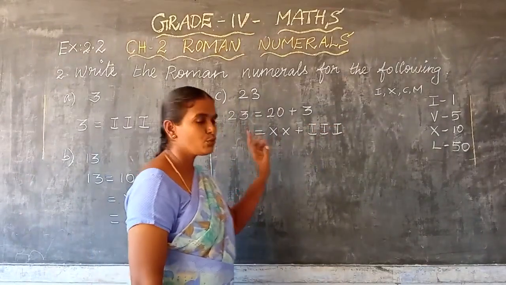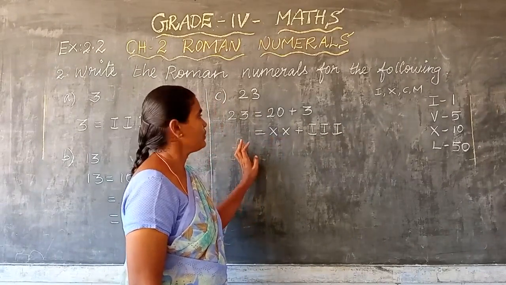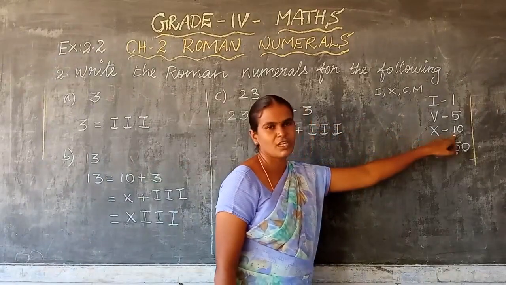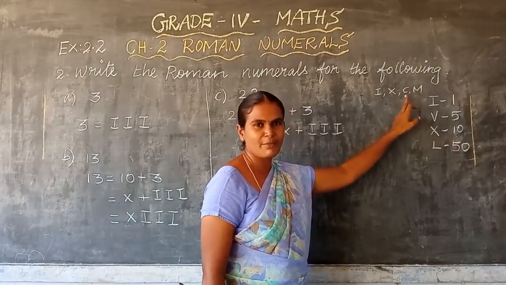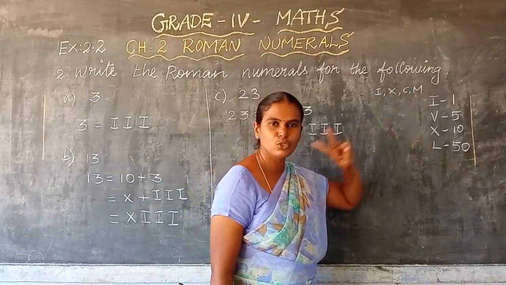Okay. So rules we know very well means the sums are easy. So here given 20. 20 means 10 only we get 20. So I, X, C, M are repeated maximum 3 times. This is first rule. So X I am writing 2 times.